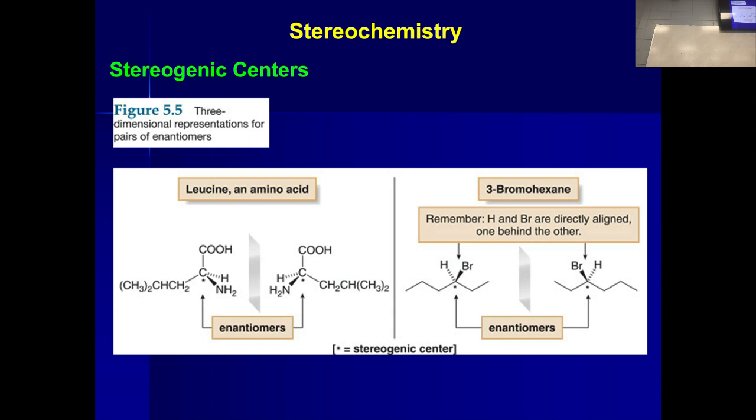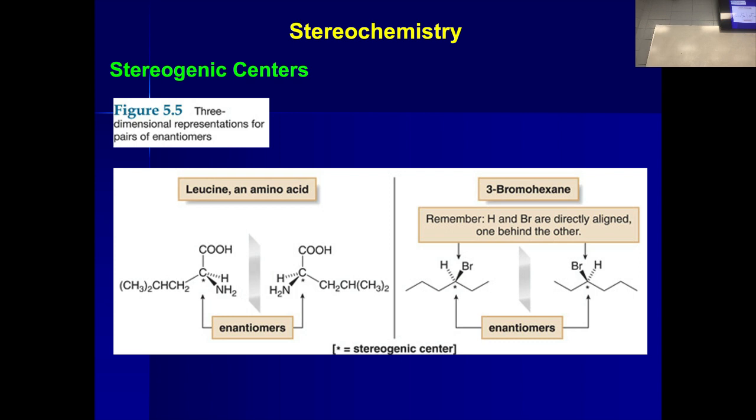Okay? 3-bromohexane is another example. Why is that molecule chiral? Why is that carbon chiral? Because of the spatial arrangement of the hydrogen and bromine. Okay, that's true. I've got a bromine, I've got a hydrogen, but I got a CH2 here and I've got a CH2 here.